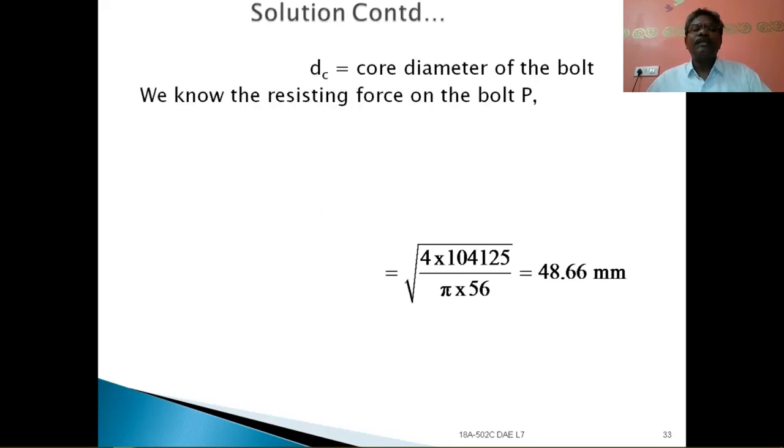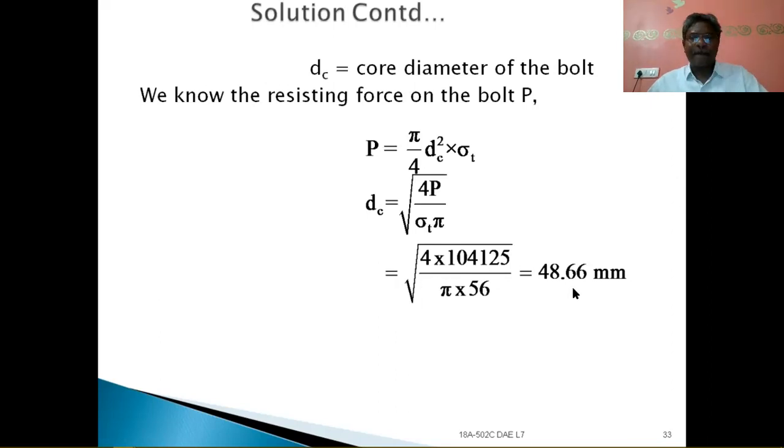We know the resisting force on the bolt P, and P is equal to pi by 4 DC square into sigma T. This will be the resistance by each boiler stay or bolt, right? So DC is equal to the square root of 4P by pi sigma T. After substituting pi and sigma T equal to 56, you will get a core diameter of 48.66.